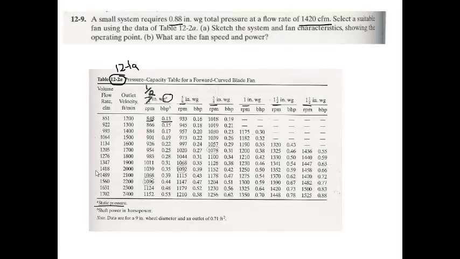So this is going to be my operating point right here: 1418 CFM for 2,000 feet per minute of fluid velocity, with 0.88 inches of water total pressure. According to the table, that gives me a velocity of 2,000 feet per minute.